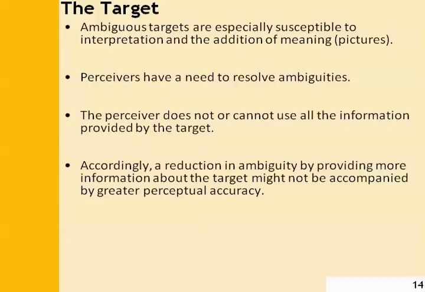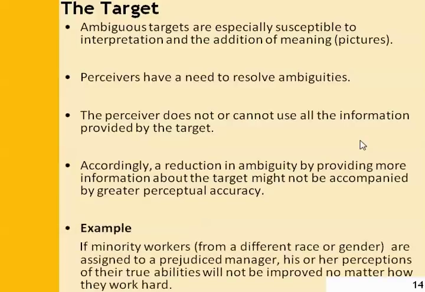Okay؟ ليه؟ عشان البوينت اللي قبليها اللي وضحناها that the perceiver does not or cannot use all the information provided by the target. Example.